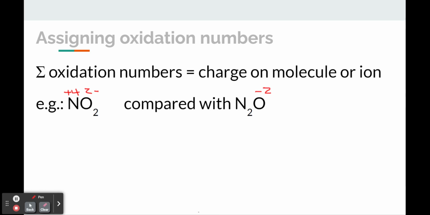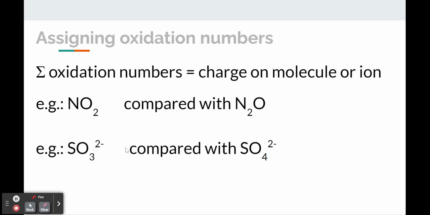But because the charge on this molecule is 0, that means whatever the oxidation number is on the 2 nitrogens, that must add up with the -2 to come out to 0. So that means that my nitrogen is going to have a 1 plus oxidation number, because 2 1 pluses give you 2 plus, and that 2 plus adds with the -2 to give me the charge on the molecule, which is 0.